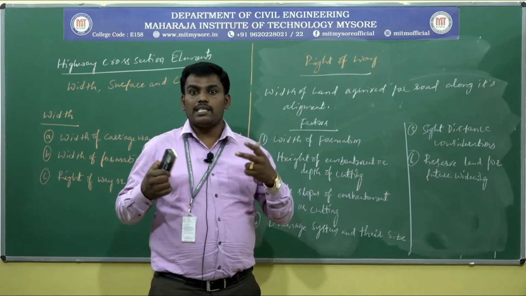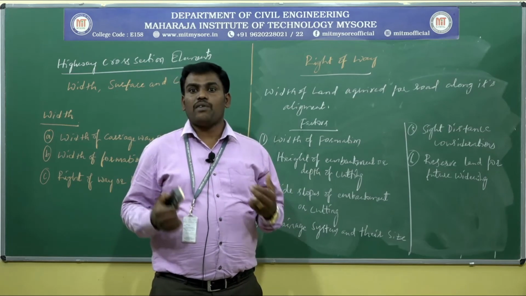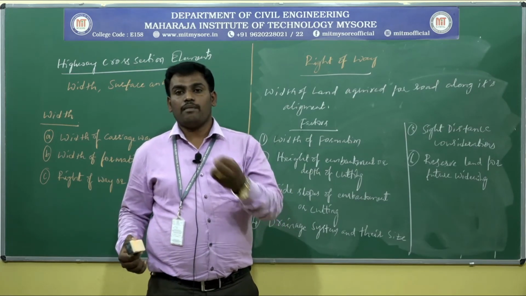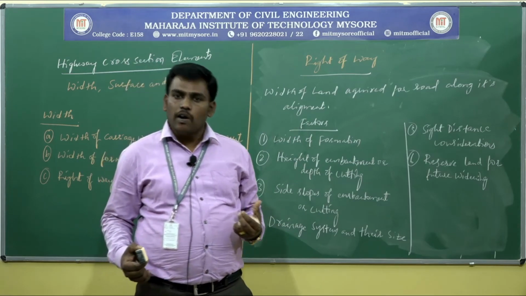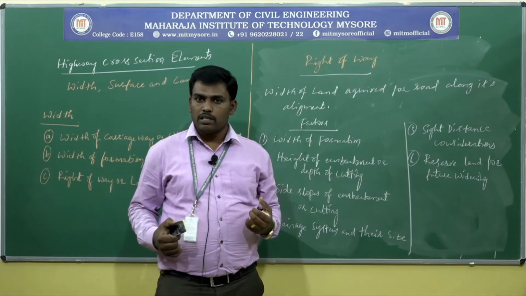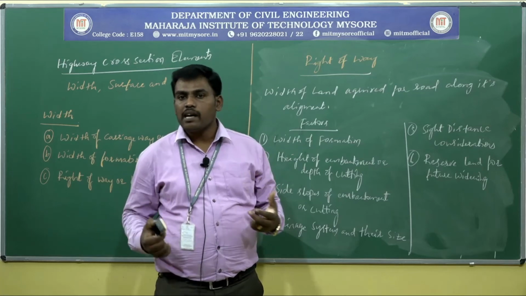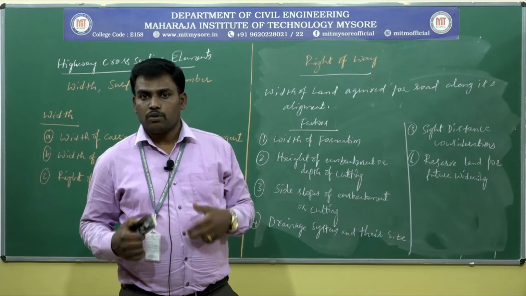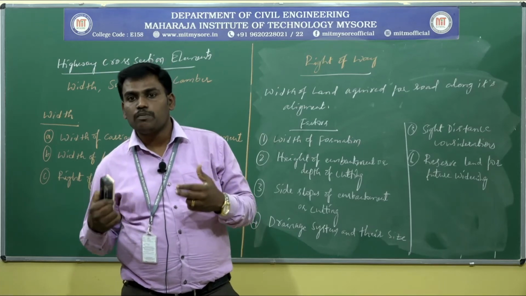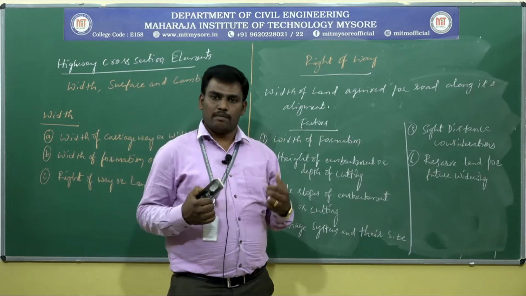It may not be possible to acquire land for road construction in the same way in open areas as in developed, built up areas, because in built up areas the cost of land is high, and providing compensation to those people will be uneconomical.